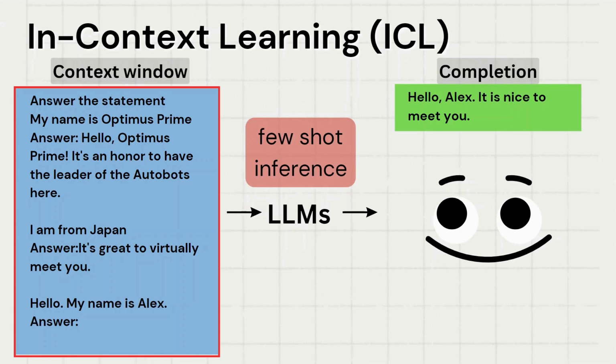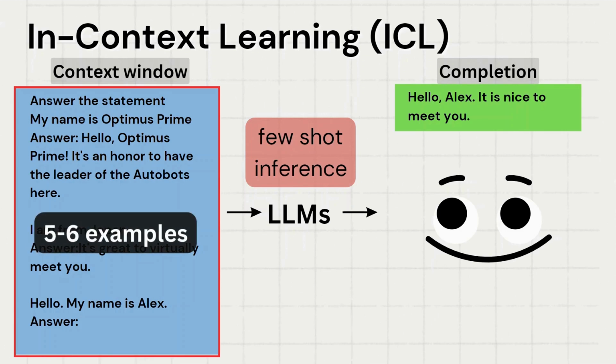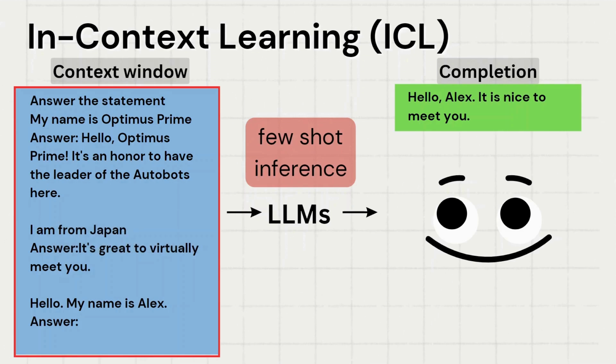So the general rule of thumb is, if the model doesn't perform well even after providing 5 or 6 examples in the context window, then we can move on and do further tuning on the model instead of going for prompt engineering. Now this tuning could be training your LLM on a specific dataset so that the model performs well on your specific tasks.